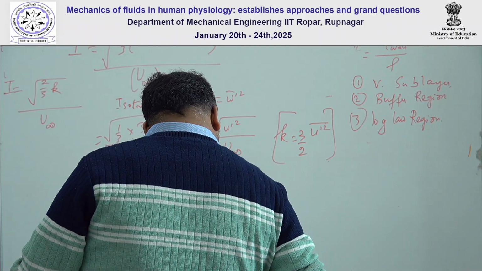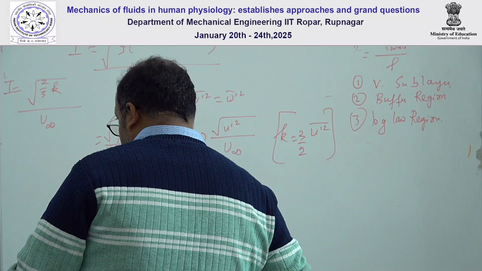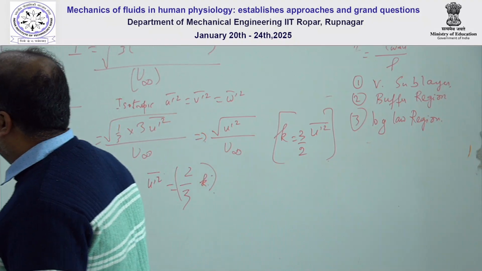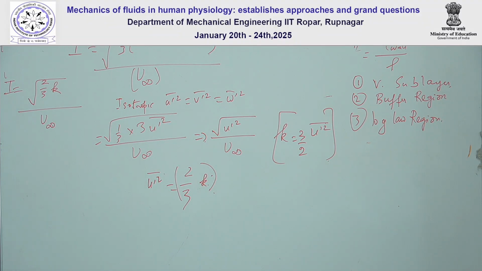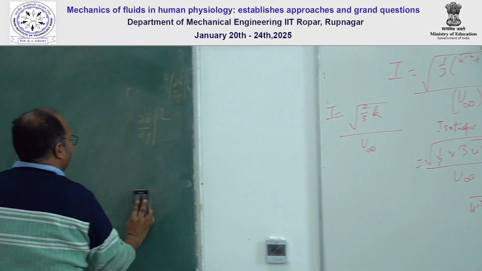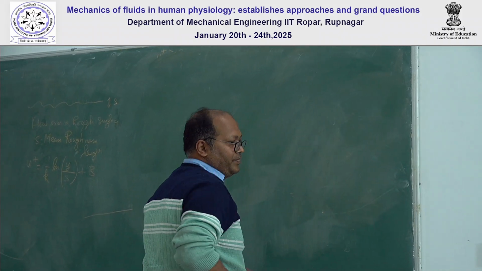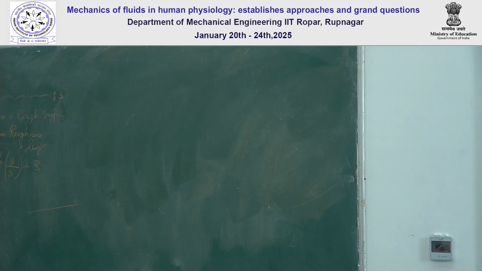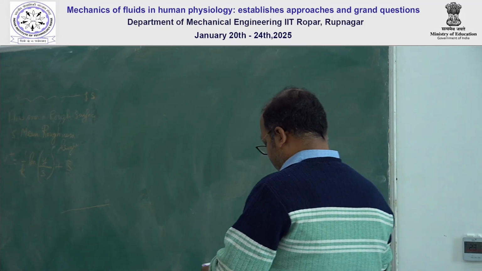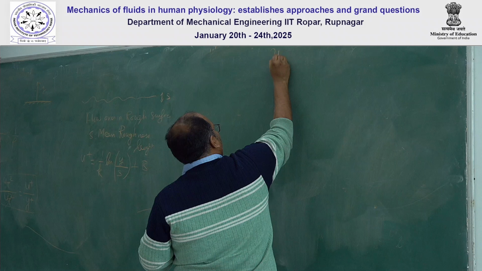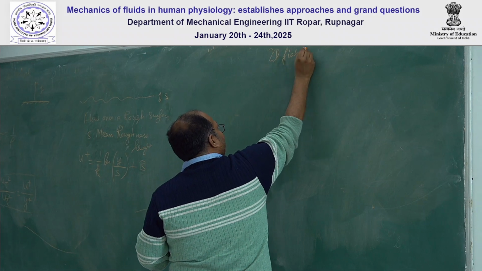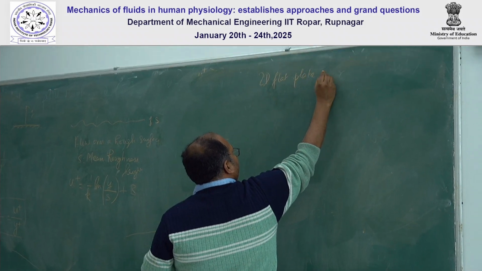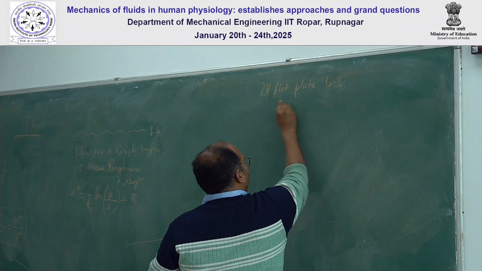Anyway, maybe I can spare 1 or 2 minutes. So, just writing down the 2D flow over a flat wall, the 2D flat plate boundary layer flow.